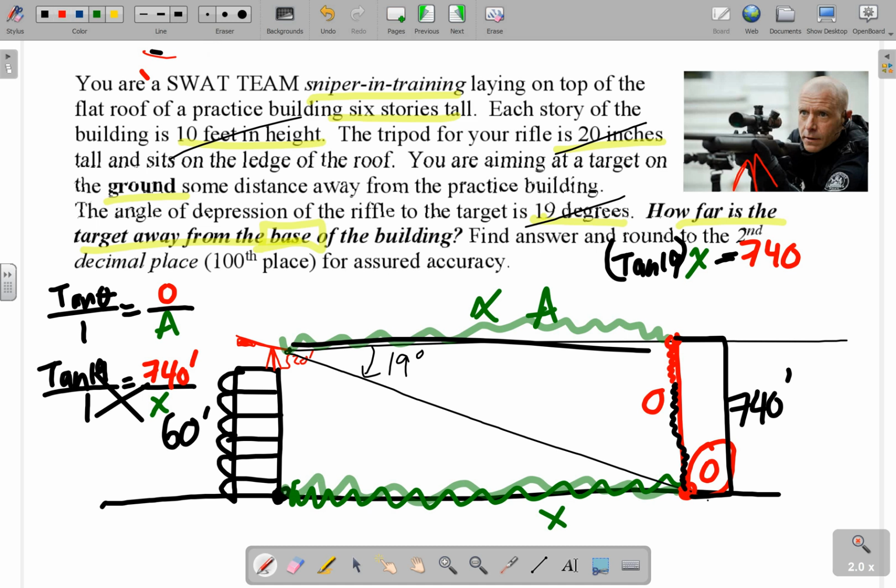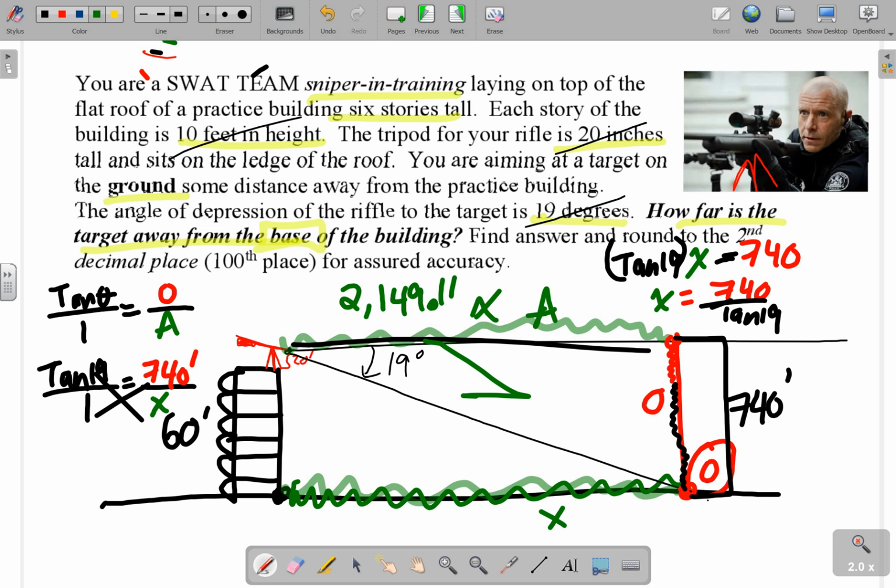And your x is going to end up being 740 divided by the tangent of 19. So 740 divided by 19 tan. And we get right here 2,149.11.